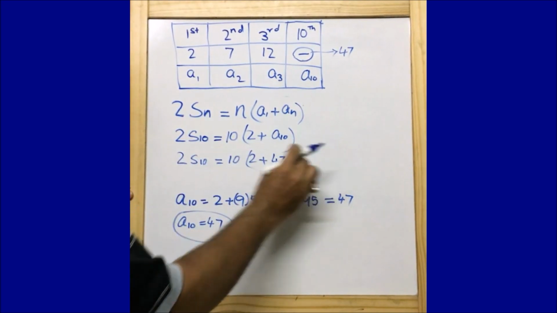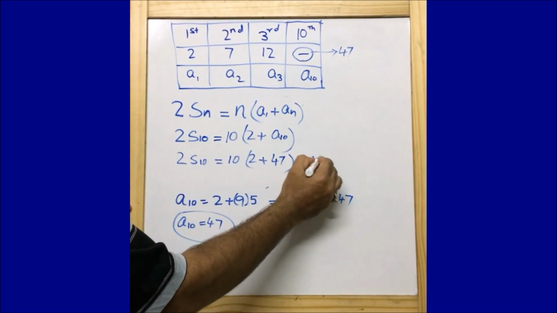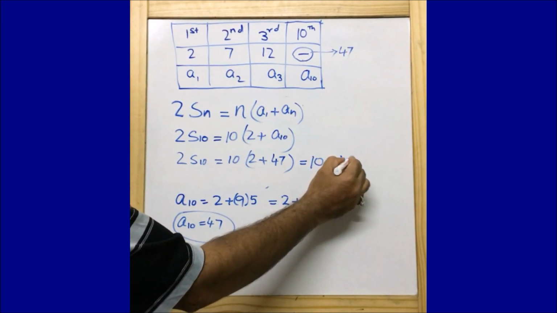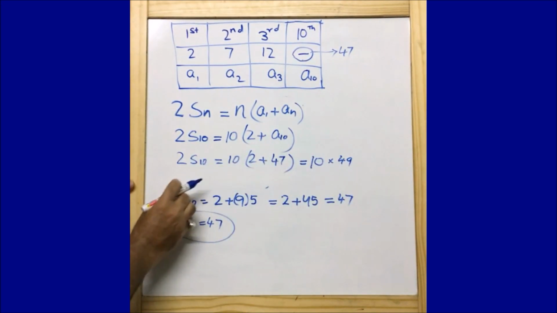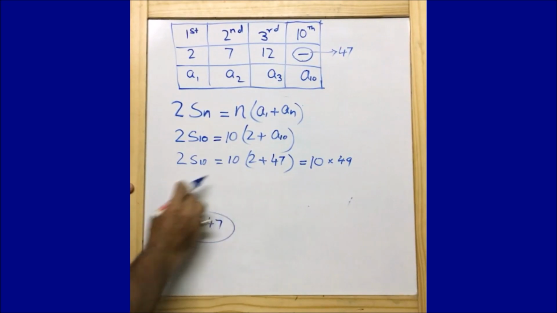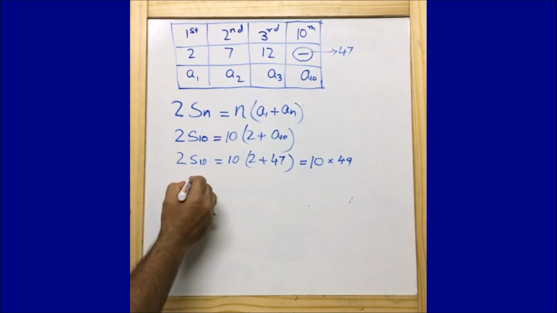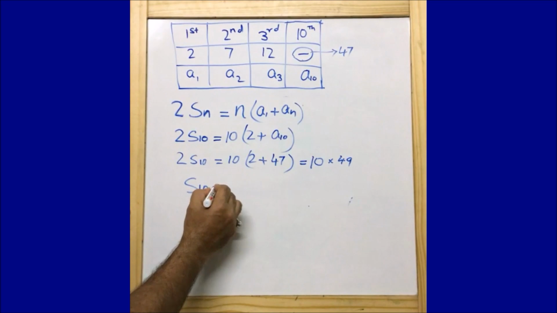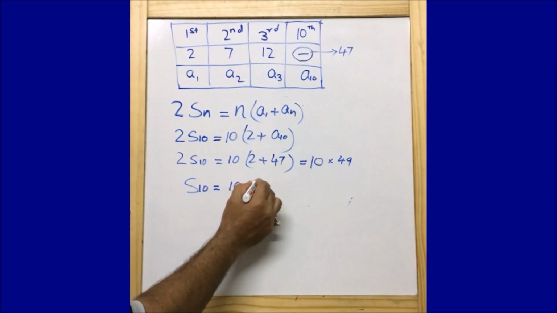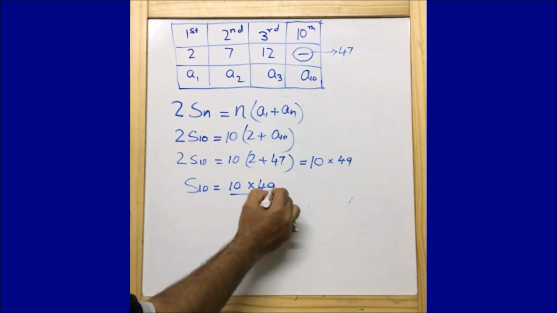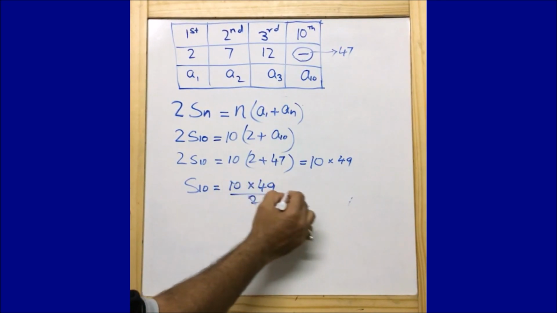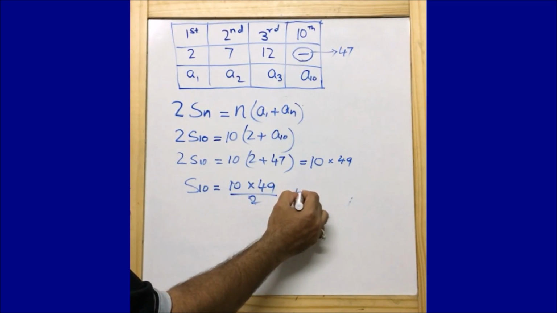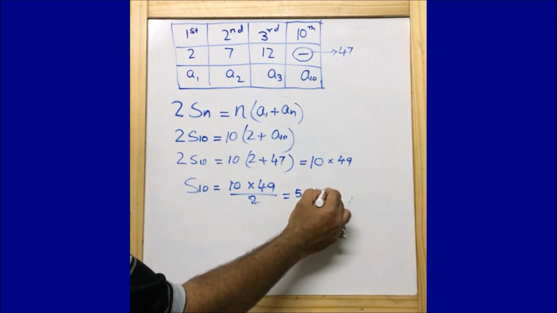that is equal to 10 into 49, or I can write S10 is equal to 10 into 49 by 2. So this will cancel off and I am getting 5 into 49.